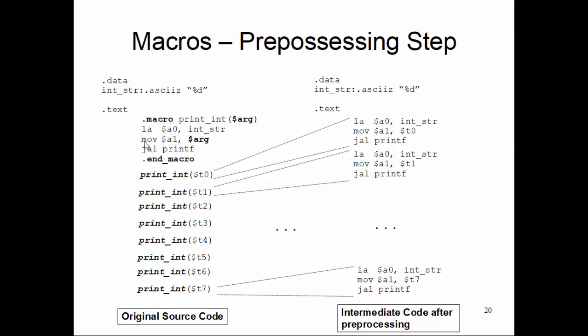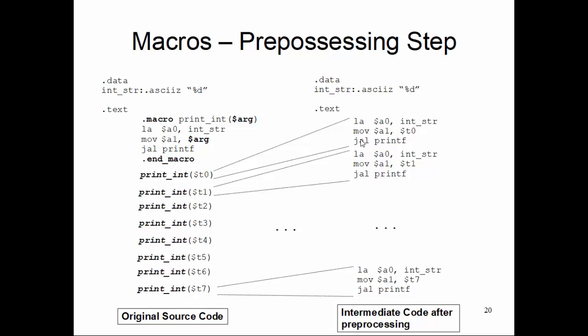It is just for the assembler's reference: whenever I reference a macro called print_int in this example, how am I going to expand that reference into multiple lines of code. That's what it does. So when the assembler starts, it pre-processes your original source code and creates an intermediate source code, expanding your macros. So this is not a function call. It actually generates a new intermediate code with your macros expanded.